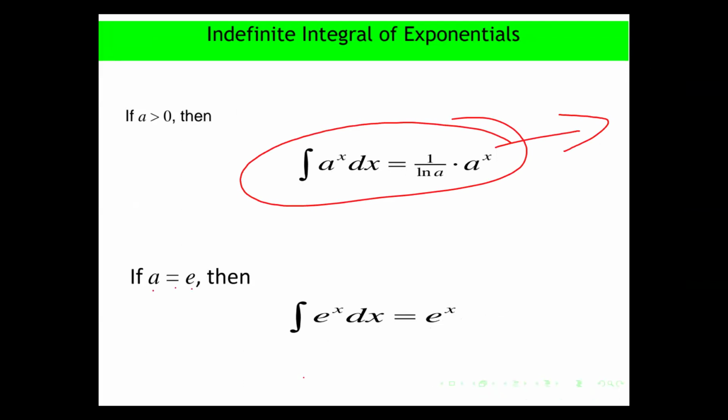When you say a is equal to e, which means the constant is equal to 1, you just say the integral of e to the power x. It just gives us the same, right? That's the integral of that.